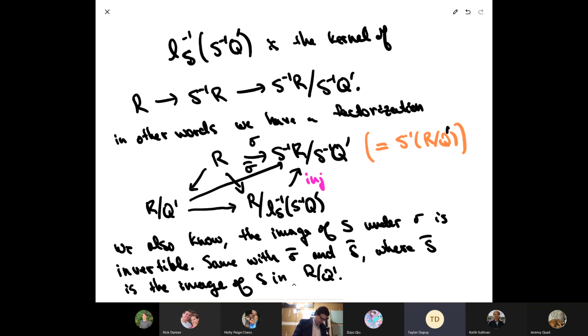Okay, so here's the idea. We have two factorizations of this thing. This is not written the best way, so let's do it like this. We have two ways. We have R, and we can either localize first, so we go to S inverse of R, and then we go to S inverse of R mod S inverse of Q prime.